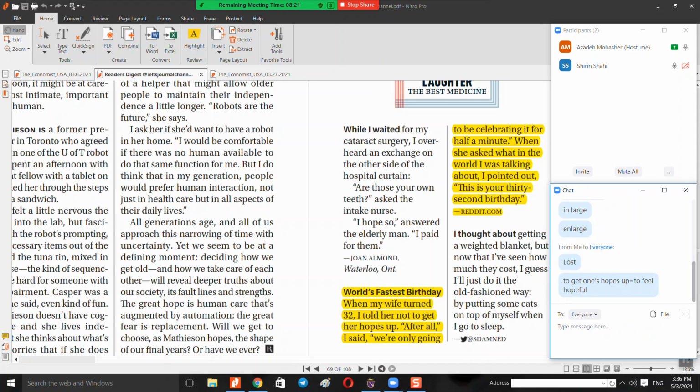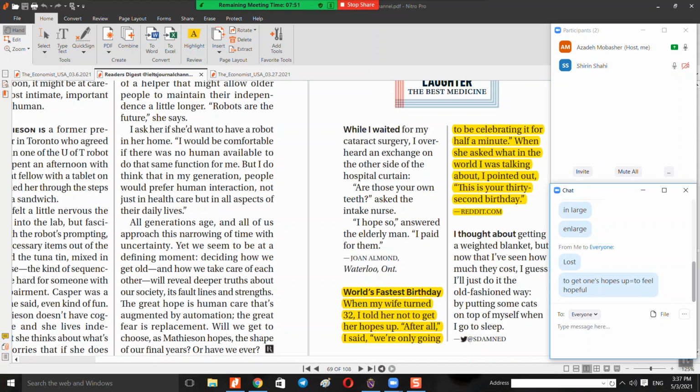Okay, go on. When my wife turned 32, I told her not to get her hopes up. So what did he say? Excuse me, what did he say to his wife? In your own words. Maybe he said to his wife not to be very hopeful about the future.